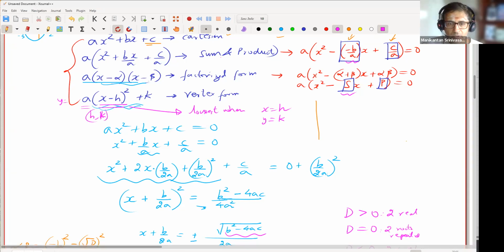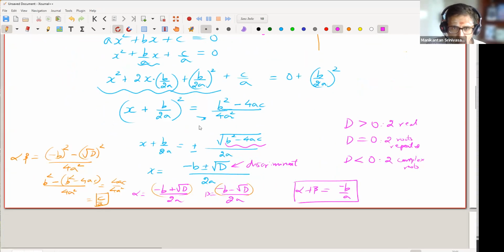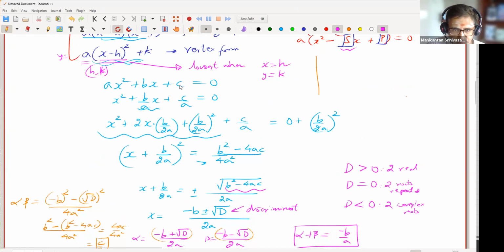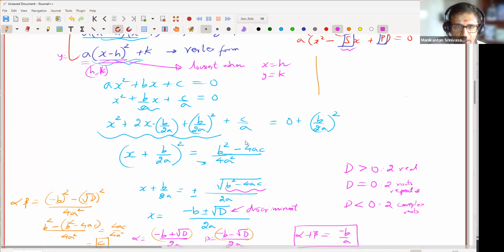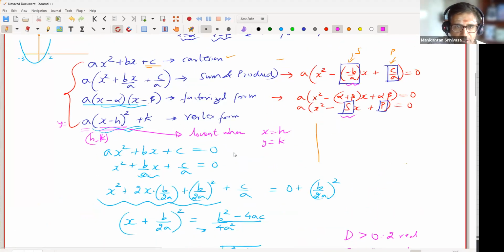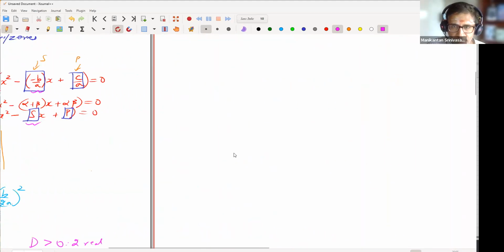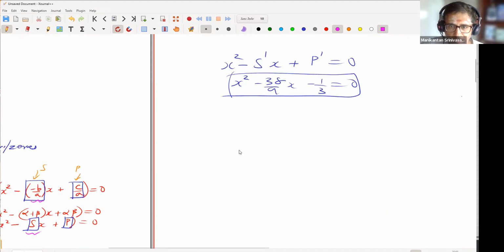So the coordinates of the vertex become h, k. And what h and k are also comes from this. So if I can just tweak it a little bit. Let's do this separately. By the same completing the square, I have y equal to a times x square plus b by a x plus c by a.